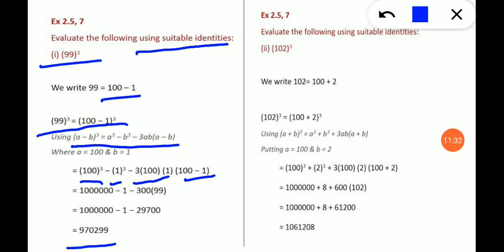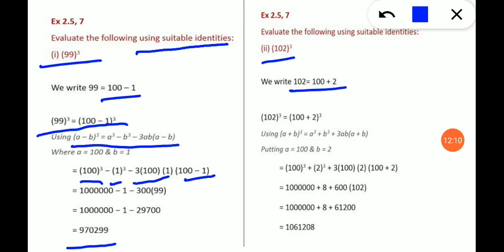Similarly, if you move to the next question, 7 second part, it is 102. So 102 we can write as 100 plus 2. We are not writing it in terms of addition of any other number, because then our calculation becomes lengthy. Here 100 is a number whose squares and cubes we can find easily, and also 2 or 1 or 3, such small numbers, whose squares or cubes are learned by us.